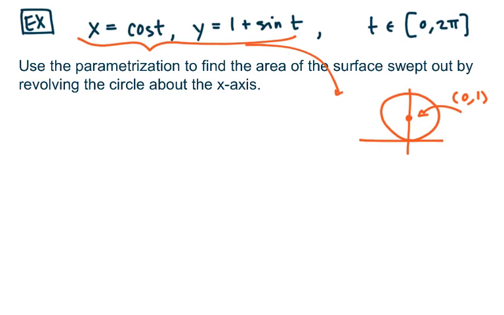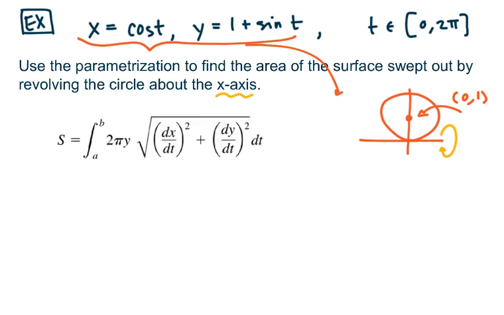That's what our curve would look like if we graphed it in our xy Cartesian plane, and what we want to do is rotate this around the x-axis. We have a formula for that.